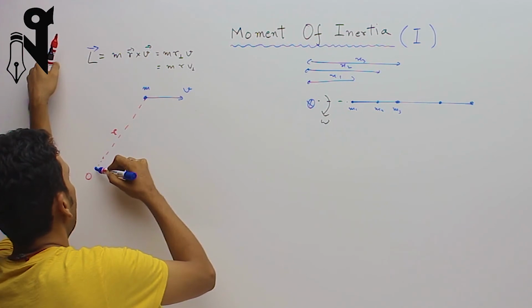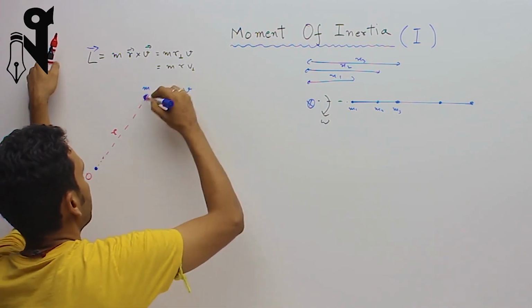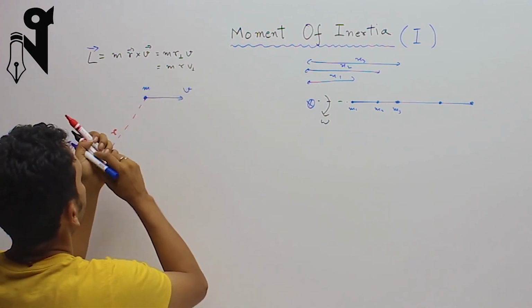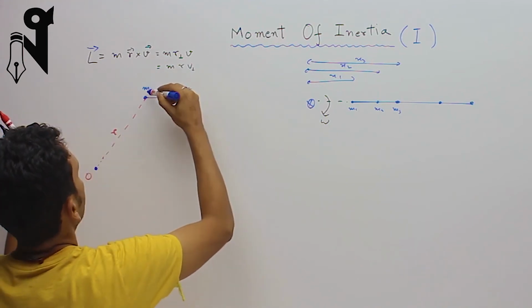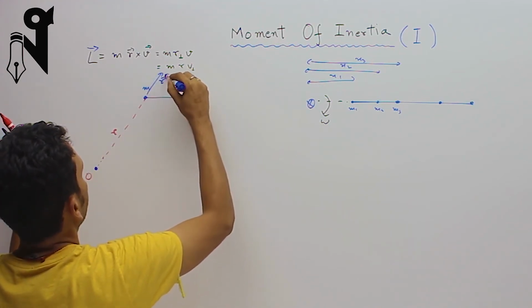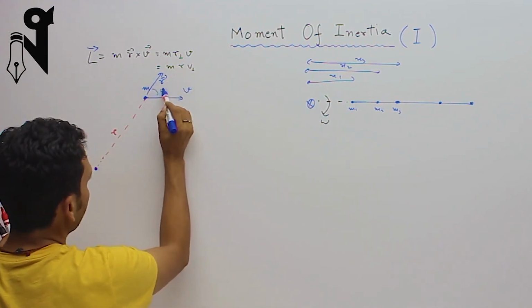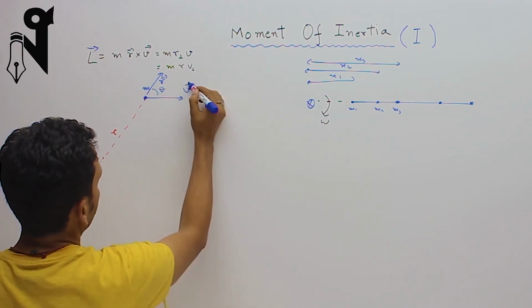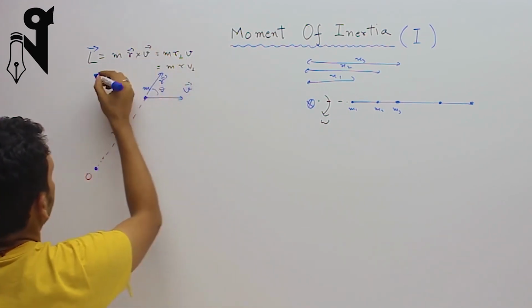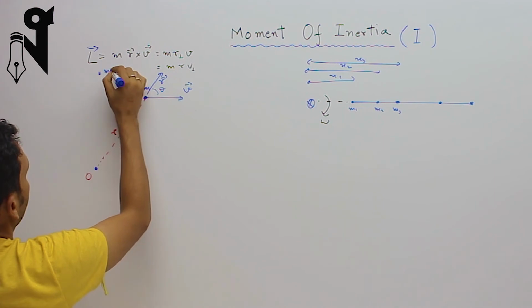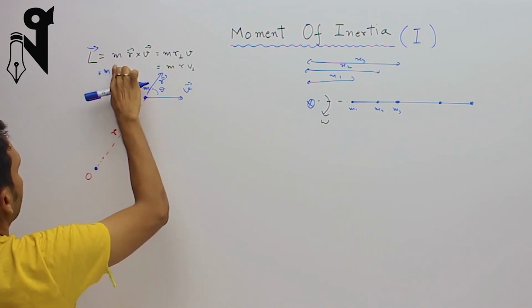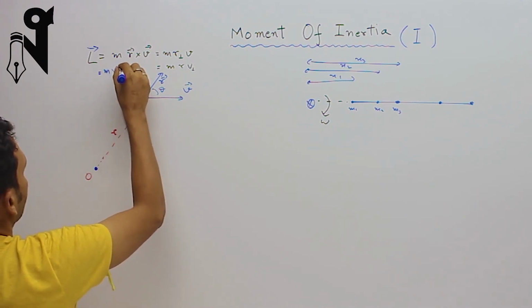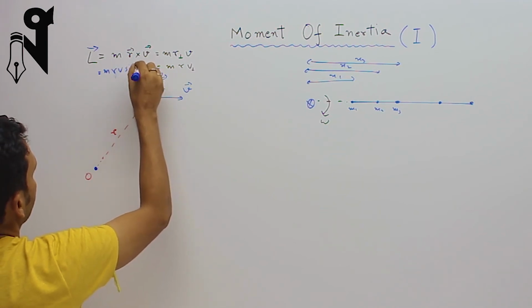R is from O to M, so the R vector is this way. If the angle between the R vector and the V vector is theta, then what we get from here is m r v sine theta.